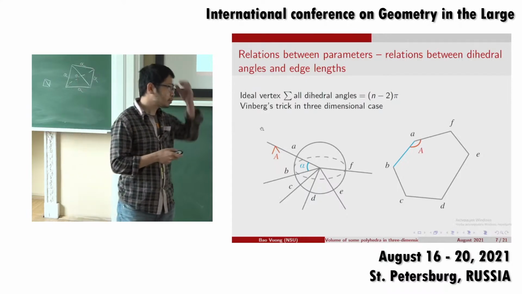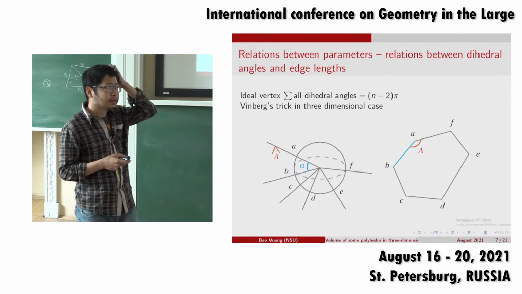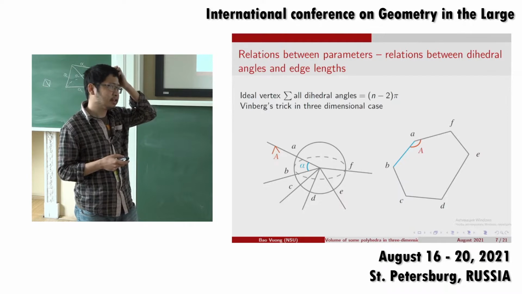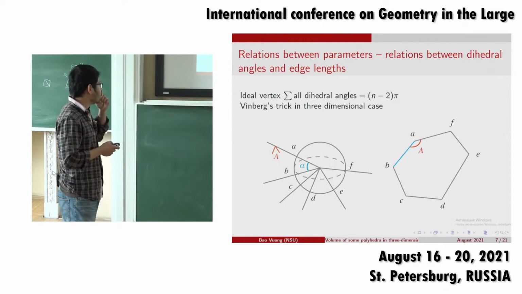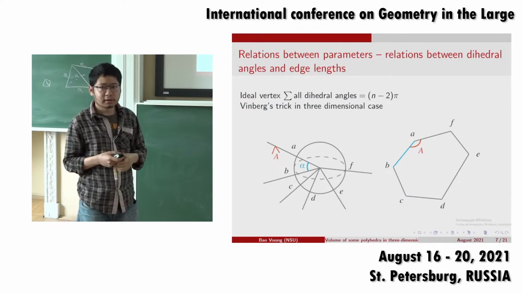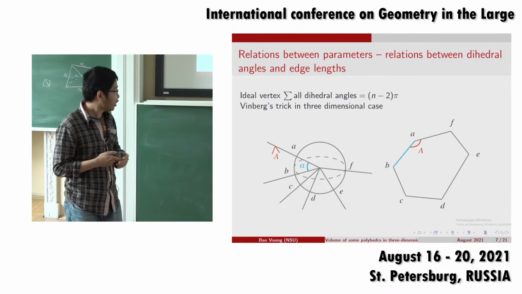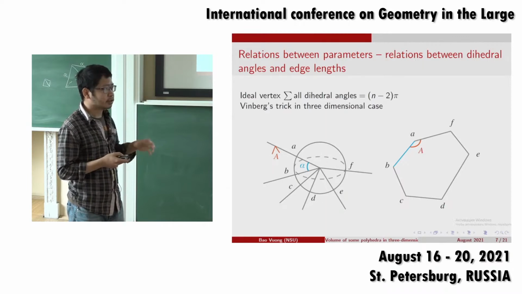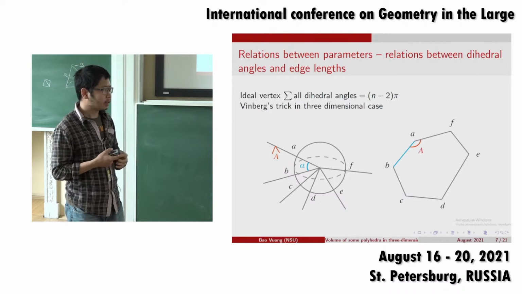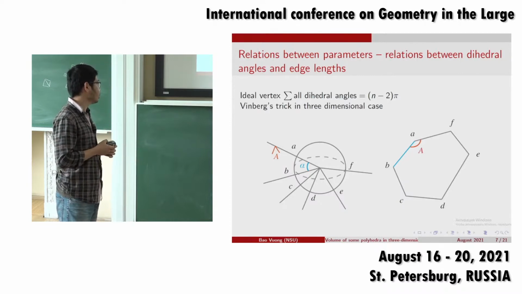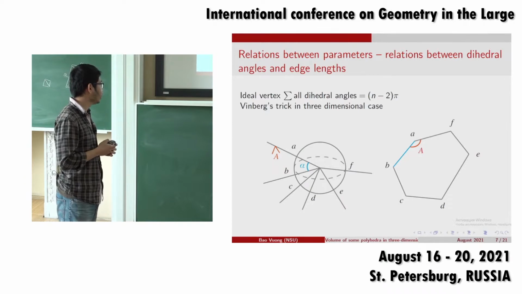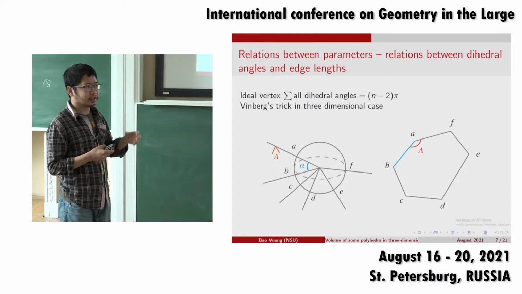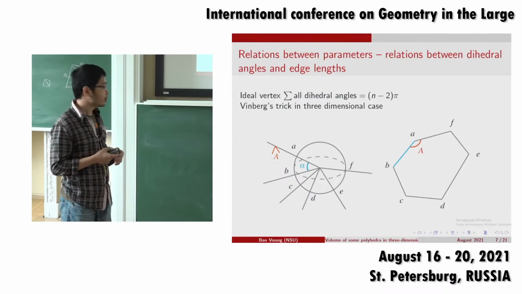So the Weinberg trick in the three-dimensional case can be described as follows. Consider some polyhedron, and at a vertex of the polyhedron, we can put a sphere, and the sphere intersects the faces of the polyhedron. The intersection will be a polygon.